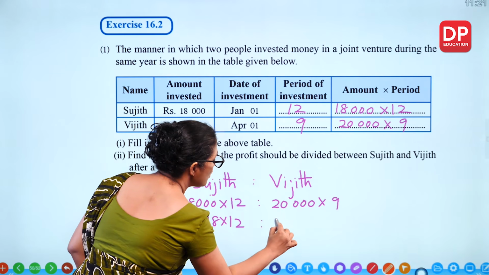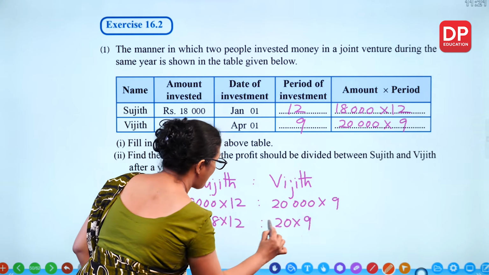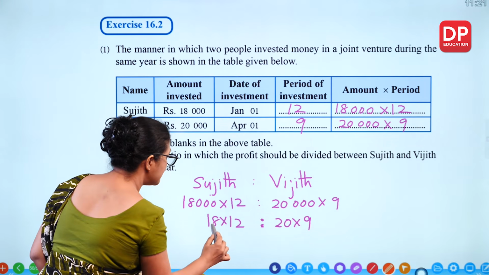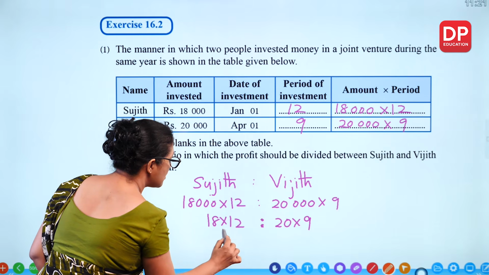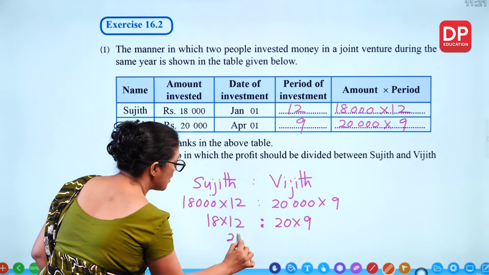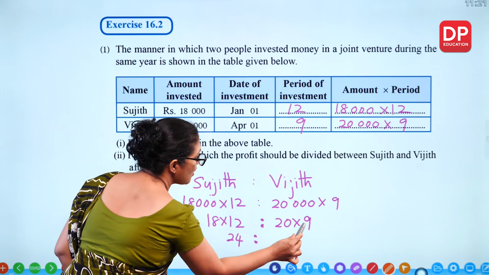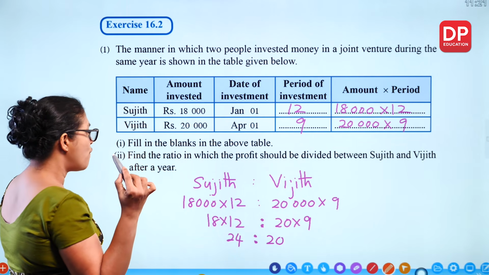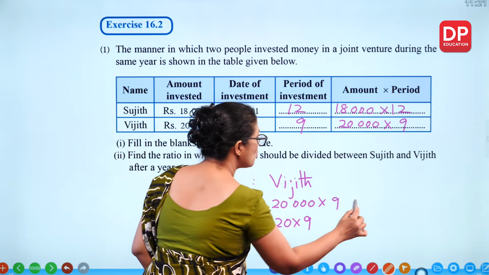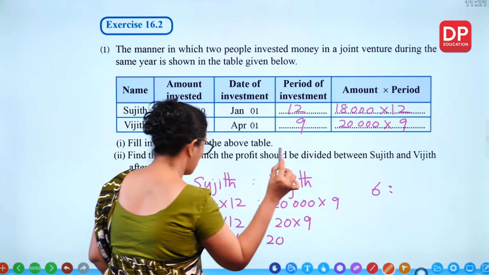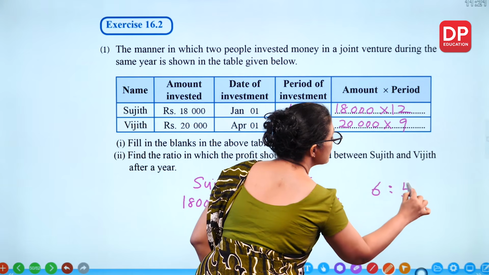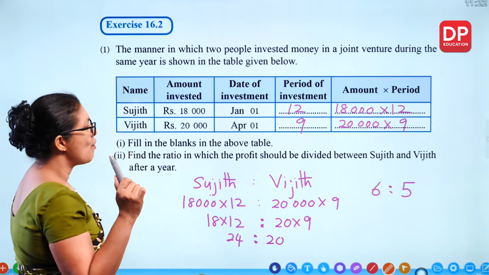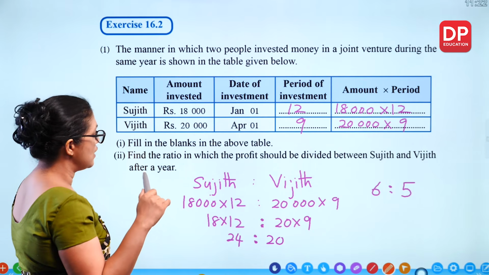Divide by 1,000. You get 20 and 9. Now you can divide by 9. You get 2 here. 2 times 12, 24. 9. So you get 20. Now you can divide by 4. So 6 to 4 times 6, 24. 4 times 5. So what's the ratio? The profit should be divided 6 to 5 ratio between Sujit and Vijit.